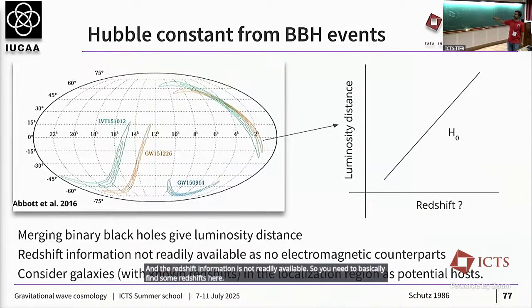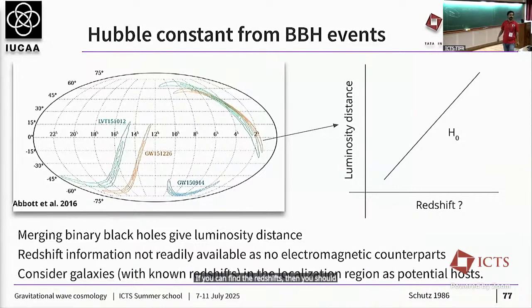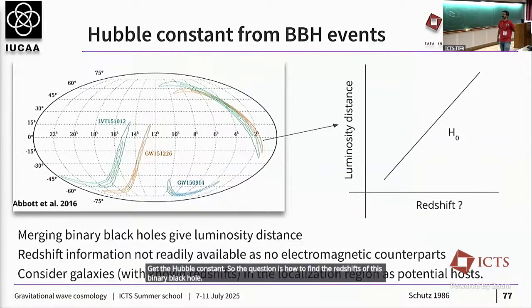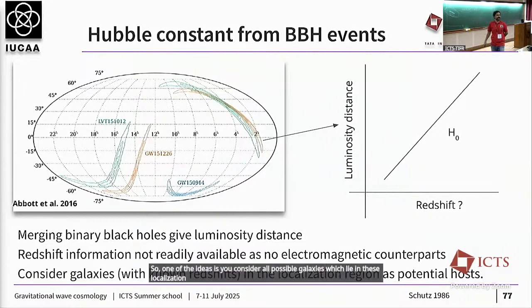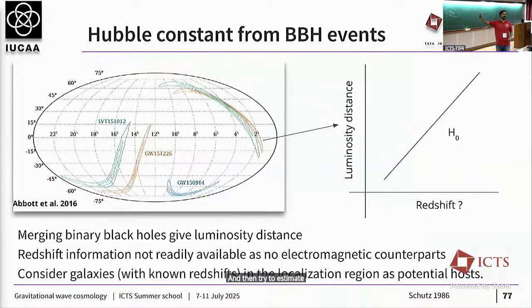If you can find the redshifts, then you should be able to get the Hubble constant. So the question is how to find the redshifts of these binary black hole events. One of the ideas is you consider all possible galaxies which lie in this localization region, and then try to estimate the Hubble constant from there.